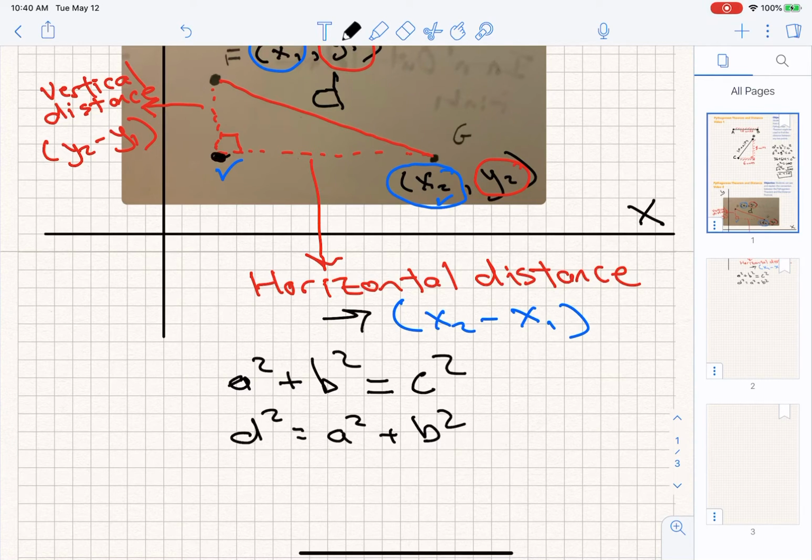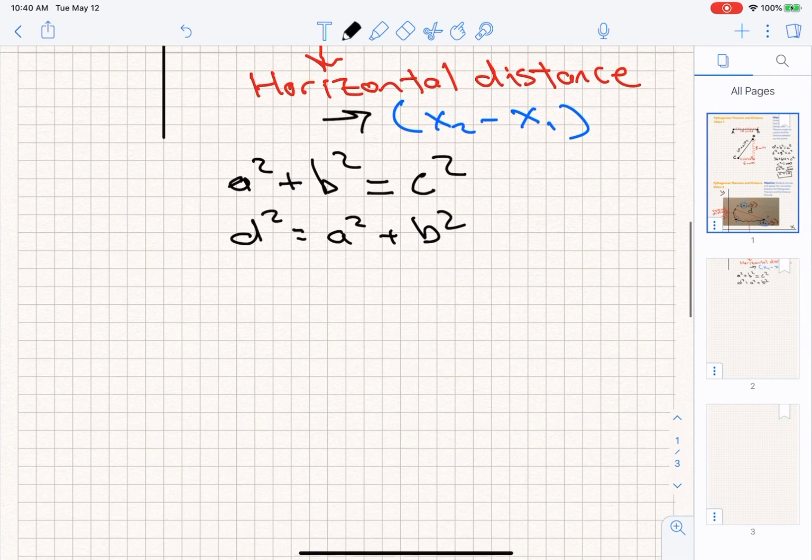My A squared, I'm going to have that be the horizontal distance. It's from here to here. And we know that that's x2 minus x1 by the logic that I went through with you earlier. By the same token, the vertical distance is going to be y2 minus y1. So we're going to rewrite this.